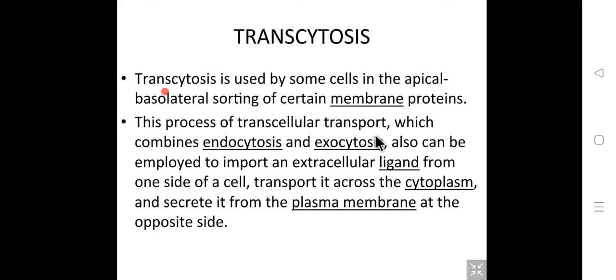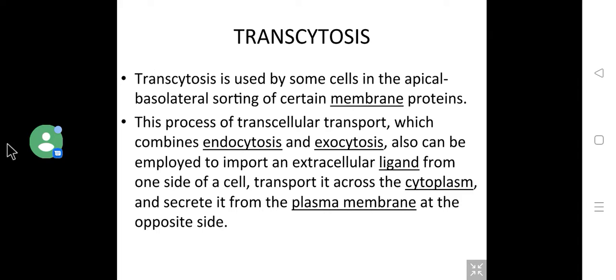Another type of movement is called transcytosis. This is also bulk movement, and this is used by some cells in the apical basolateral sorting of membrane proteins. If you remember, this is the apical part of the cell, and this is the basolateral. Basically, the apical is where materials come in, and the basolateral is attached to the extracellular matrix.